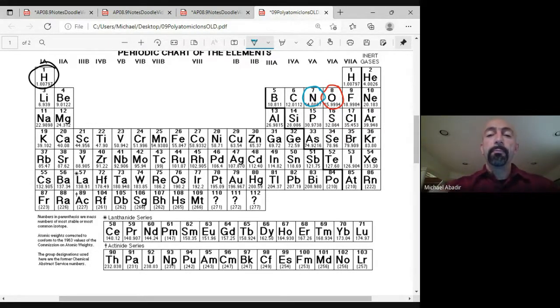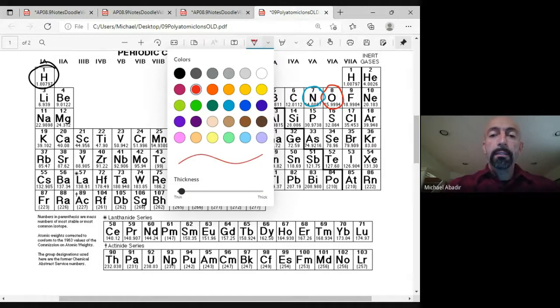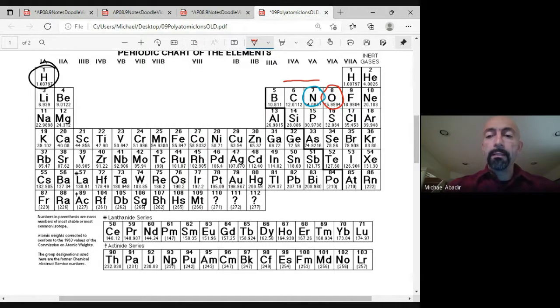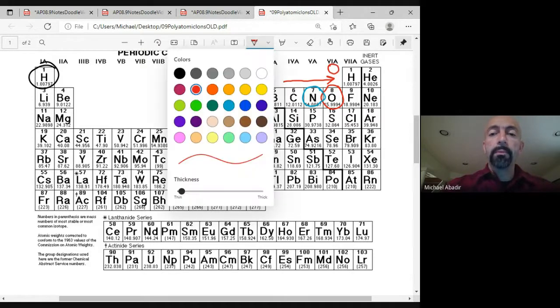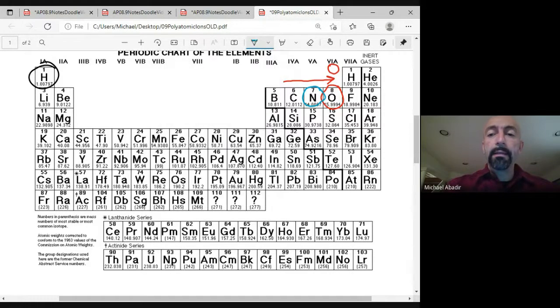As we move across, oxygen is going to be smaller because although they end in the same level, oxygen has more protons, more attractions, so a smaller size. So you would predict that oxygen is a smaller size than nitrogen, so it would seem that nitrogen is going to be farther away from one another because they're bigger.